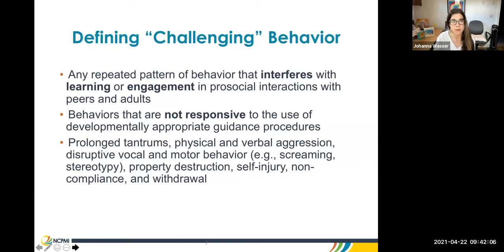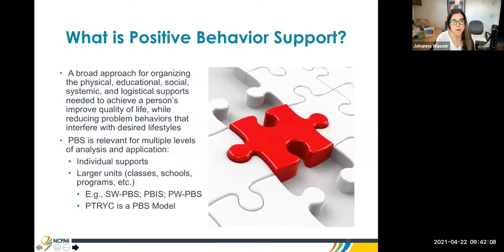All right. Okay, so PTR-YC is based on positive behavior supports. Glenn Dunlap was actually one of the founding fathers of PBIS, or what used to be called PBS, but then public broadcasting systems weren't too psyched with multiple people calling them about challenging behavior.